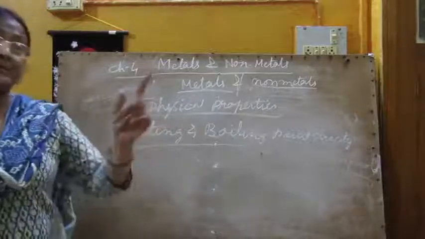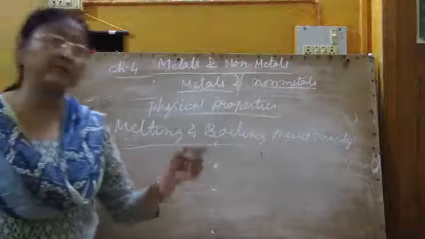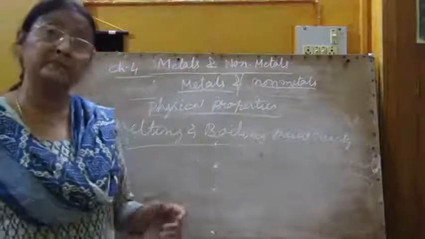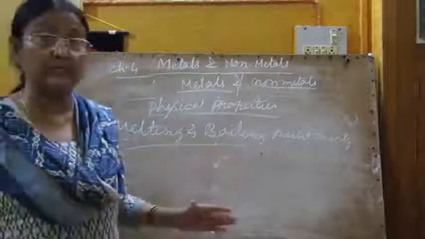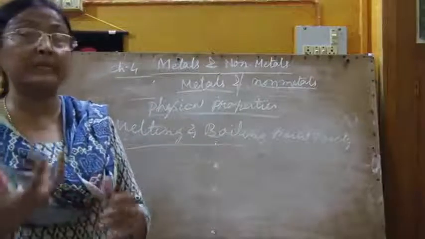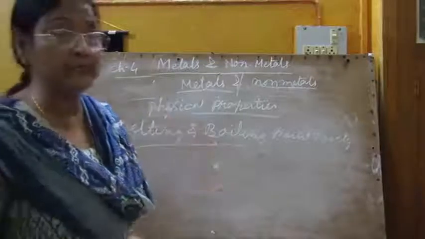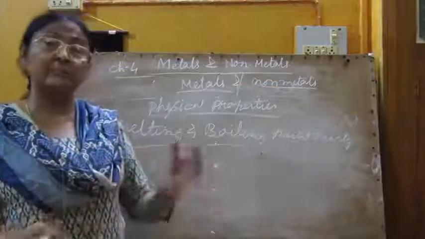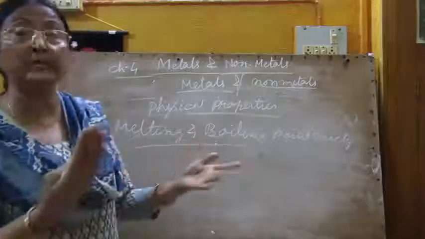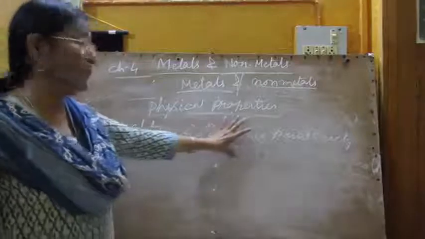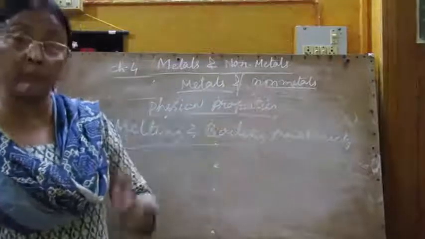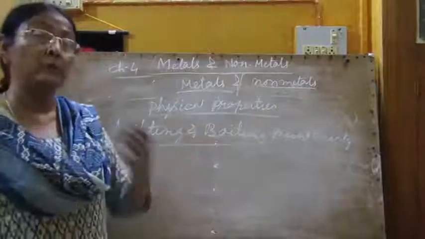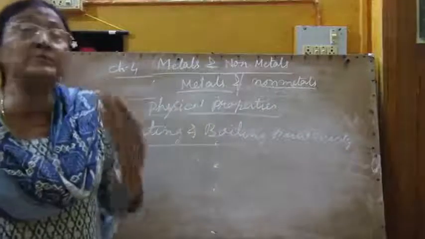If you take a piece of iron or a piece of aluminium and want to melt it with a gas burner, you cannot, because the gas burner cannot provide that much temperature. We cannot normally boil it either. To make it melt or boil, we have to provide a huge temperature.